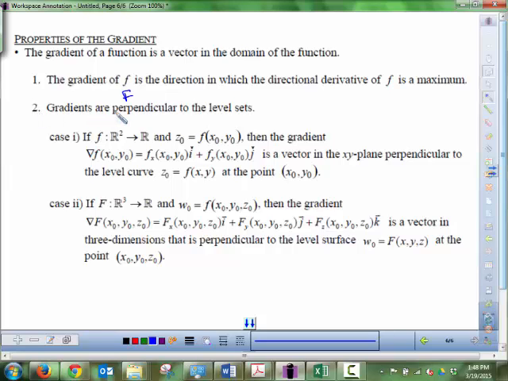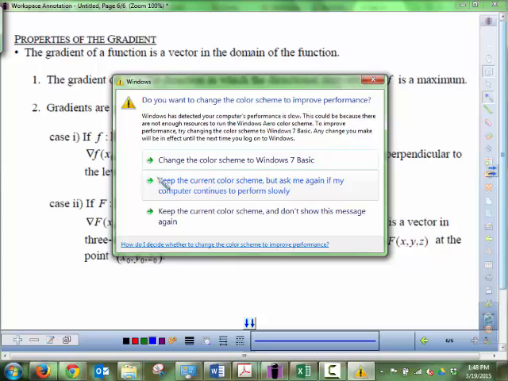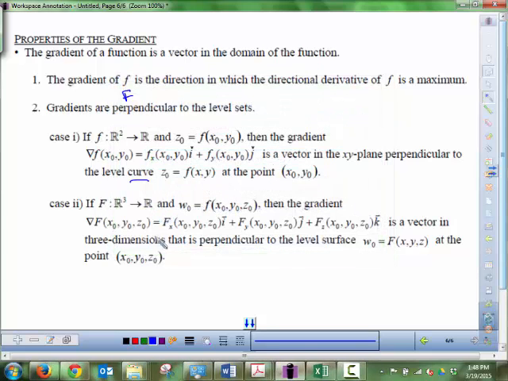A second property we talked about: gradients are perpendicular to the level sets. So in two dimensions, it's perpendicular to a level curve. Okay, so this is flat in 2D. In three dimensions, we just proved today that the gradient is perpendicular to a level surface.